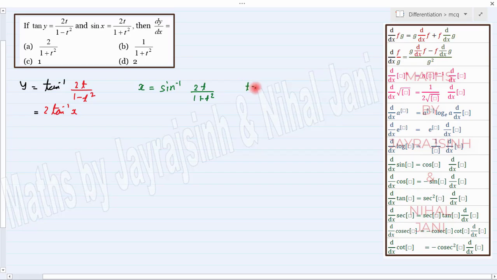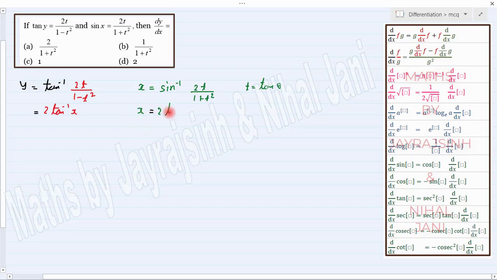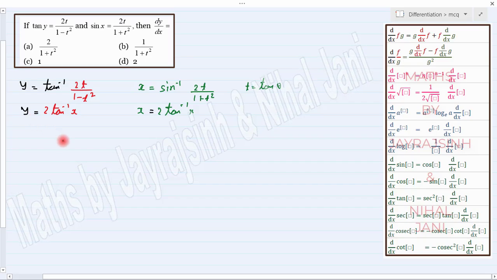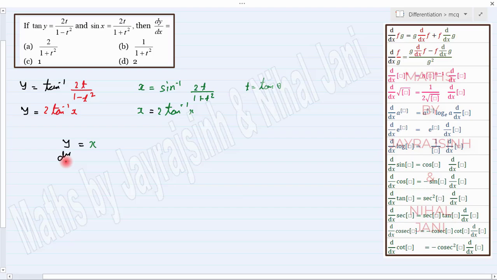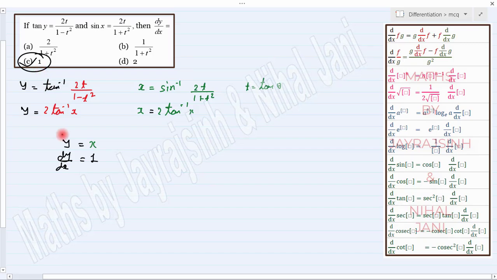If we substitute t is equal to tan theta, you will get x is equal to 2 tan inverse t. So if we equate the equations of y and x, you will get y is equal to x. So your dy by dx is simply 1, which is given in option C.